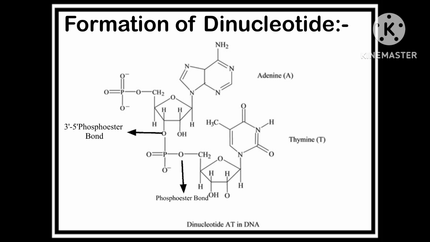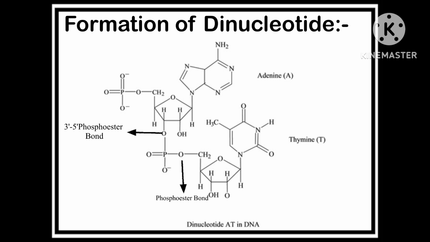The bond formed between these two acidic and alcoholic groups will be a 3'-5' phosphodiester bond, and don't be confused with the previous phosphoester bond. These two are different. That is the reason why we used 3'-5' in its name, because it is a 3'-5' phosphodiester linkage.